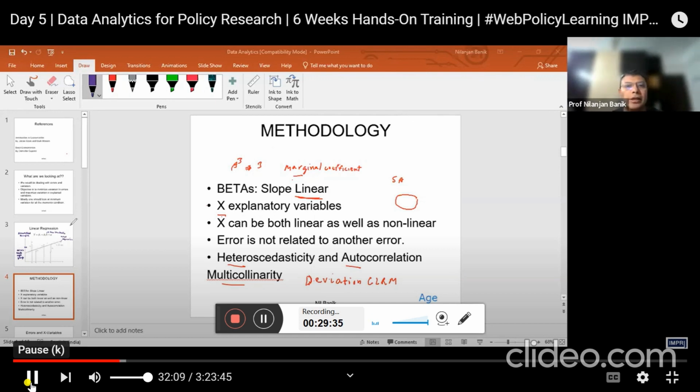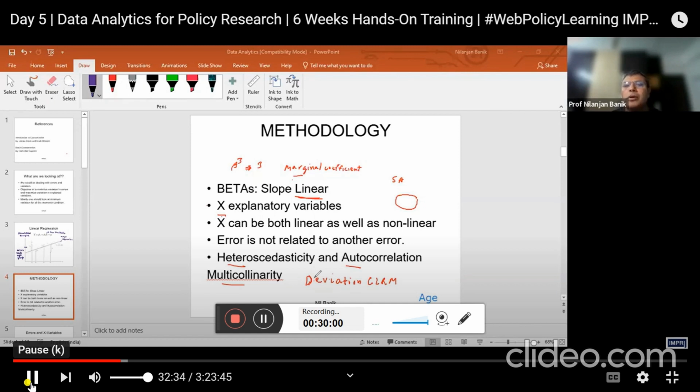So we are going with a few assumptions. One is that beta is going to be linear, X is non-stochastic. The way we are collecting our data, it has to be stratified. Stratified on the basis of what? On the basis of what we observe in the population. Why is stratification important?